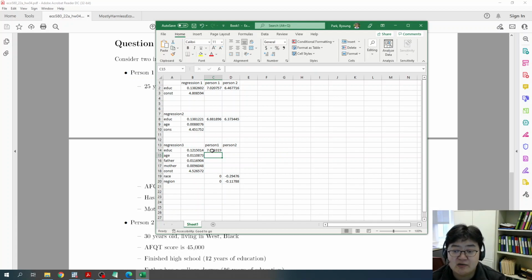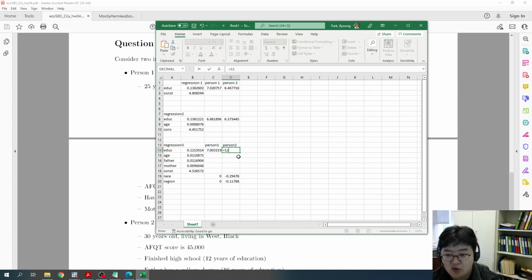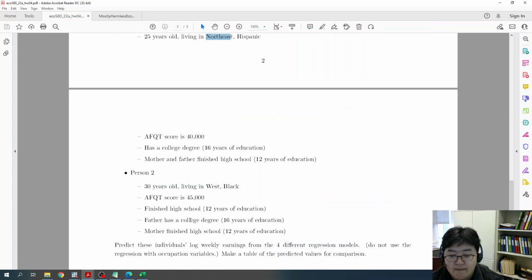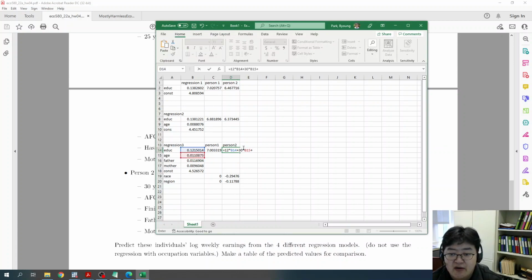Then the estimate predicted value is again different from both of the previous results. Let's do the same thing for person 2. Person 2 had 12 years of education plus 30 years old, and father has 16 years education, mother 12 years education, plus father had 16 years, mother had 12 years.